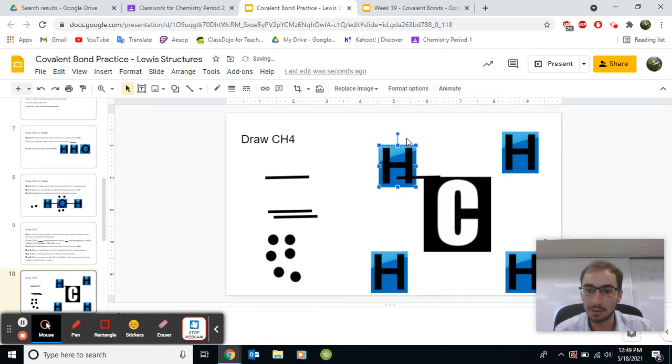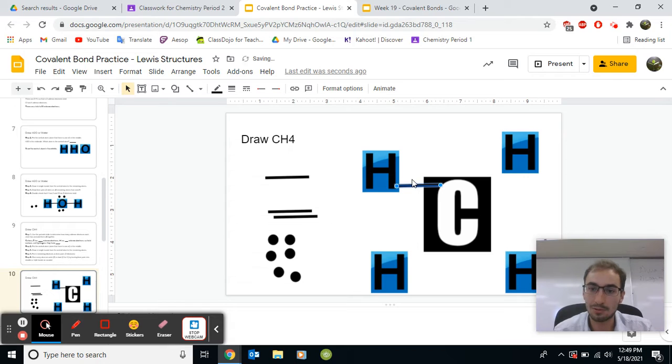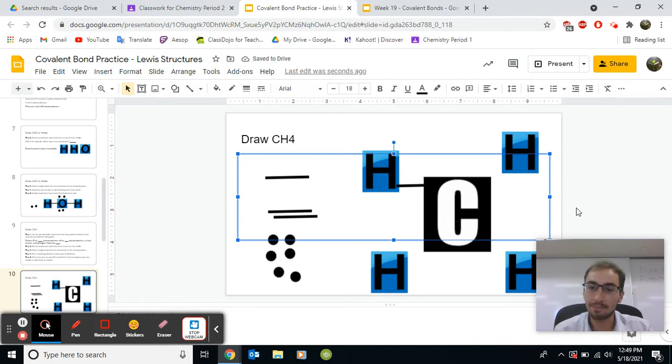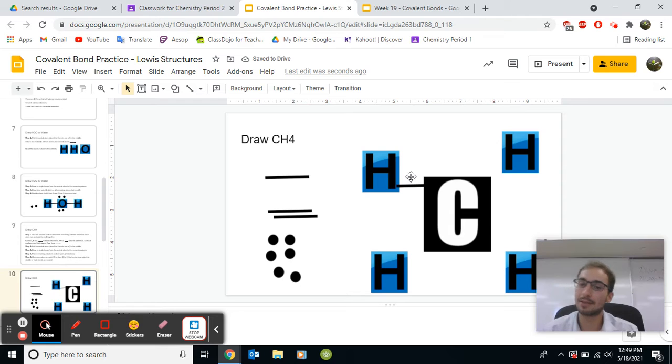And I know it's a little hard doing it on slides, but you know, COVID, we make the best of what we can. So you'll do stuff like this. You attach C, the central atom, to the rest of the atoms, and hydrogen is happy with 2. So whenever hydrogen has a bond to it, it's full.